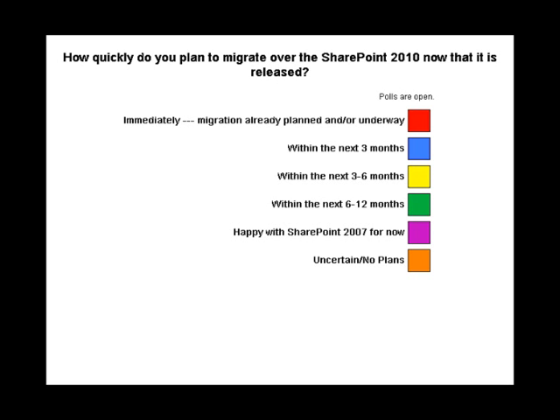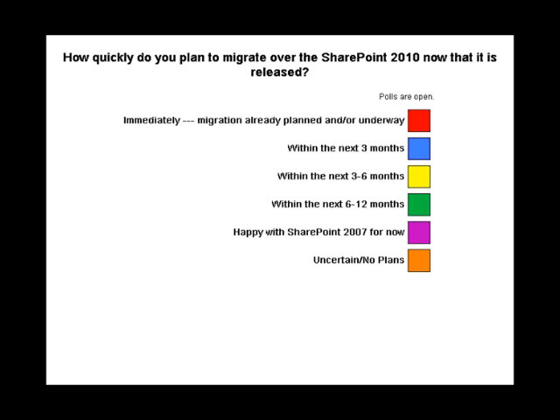Go ahead, Jason. Migrations, if anyone's gone through a 2003 to 2007 migration, they realize that was possibly the most painful point within SharePoint. There were a lot of caveats. There were a lot of issues. SharePoint 2007 didn't support anything that was within SharePoint 2003.